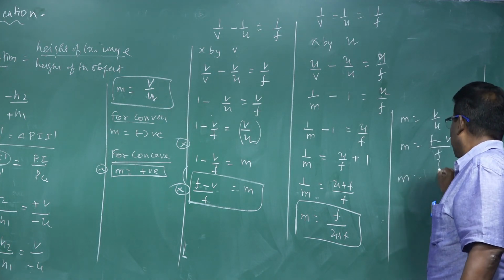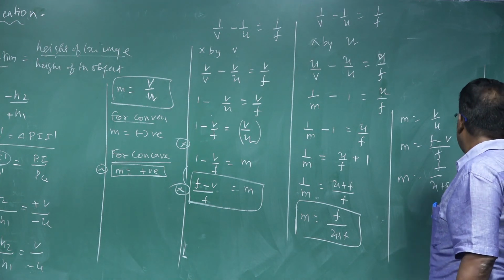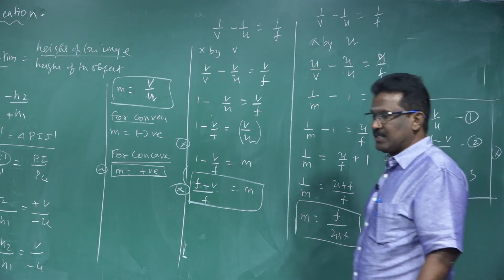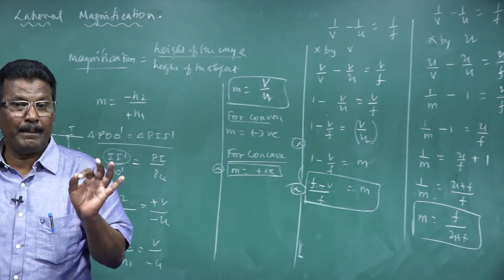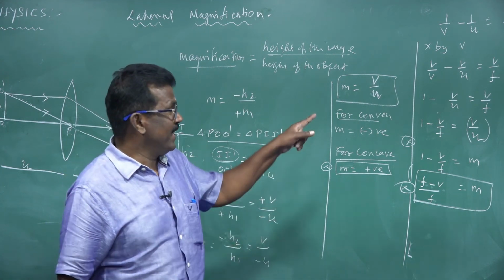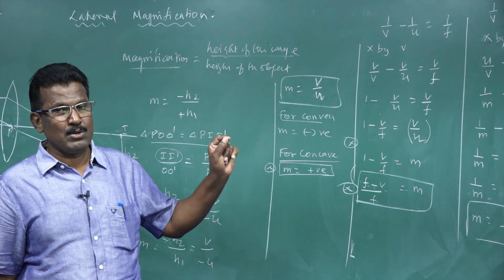The third formula: M is equal to f divided by u plus f. Magnification could be calculated by using three formulas. And the basic formula: u divided by v is equal to 1 by m, so M is equal to v by u.